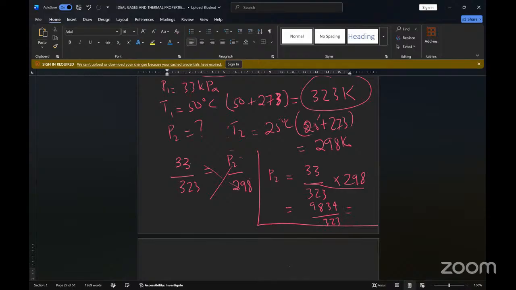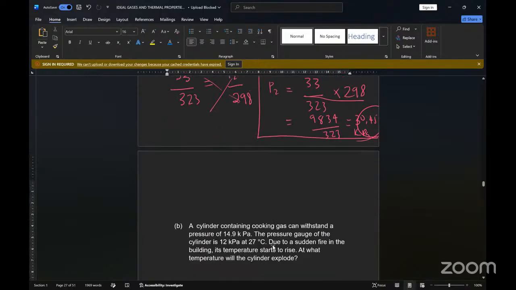Okay, divided by 323. And you should have 30.45 kilopascals. Kilopascal. So that becomes your answer. Okay, so we move to the next one.